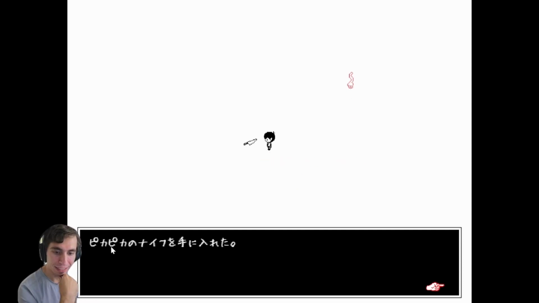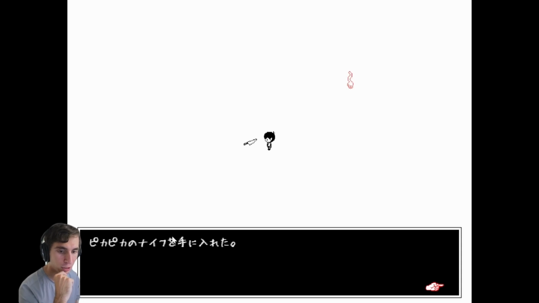We have pika pika, like Pikachu. Pika pika is shiny. No, so that's possessive there, or categorical marking particle in this case for how it's used. Because next we have naifu. Naifu. The knife. So the shiny knife. Pika pika no naifu.